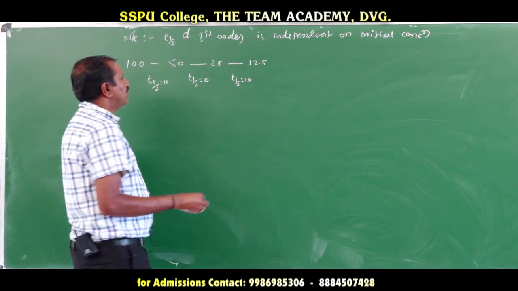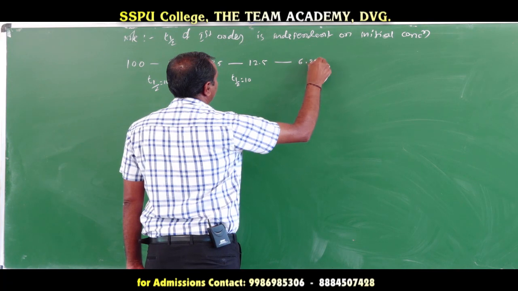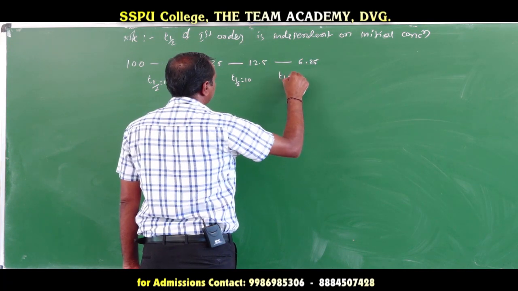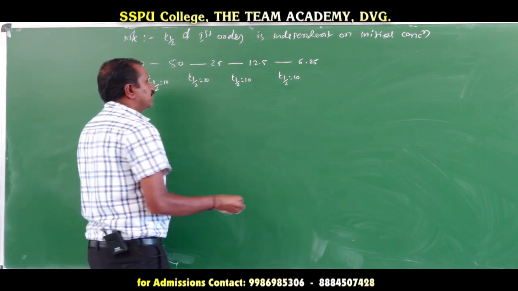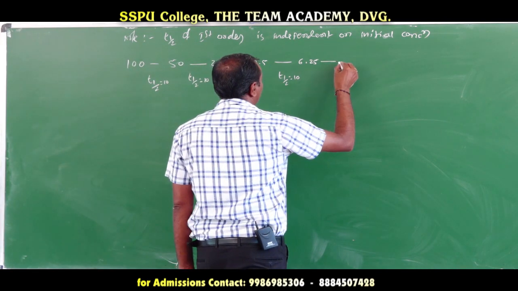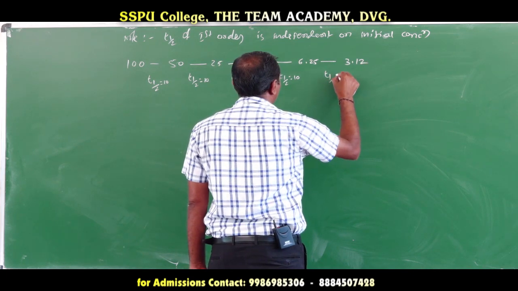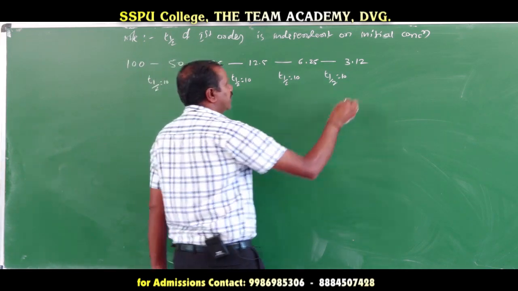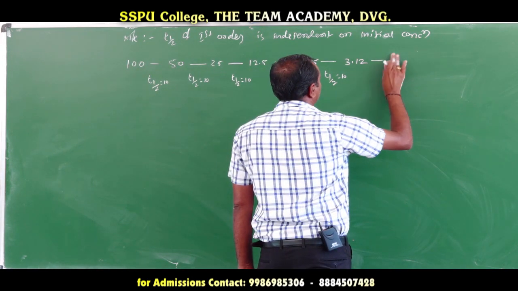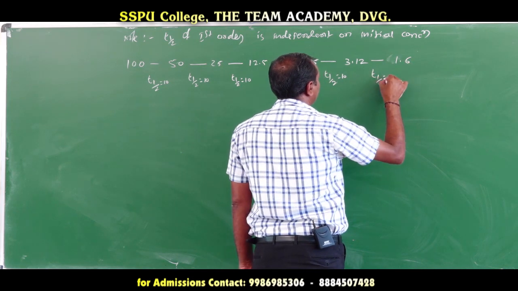If 12.5 becomes 6.25, then also t half becomes 10 minutes. 6.25 becomes 3.12, then t half is also 10 minutes. 3.12 becomes about 1.6, t half is also 10.